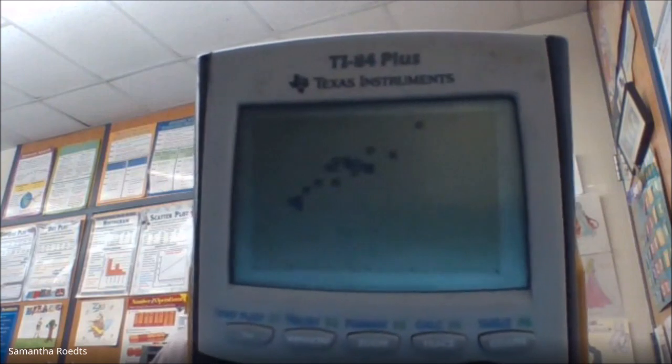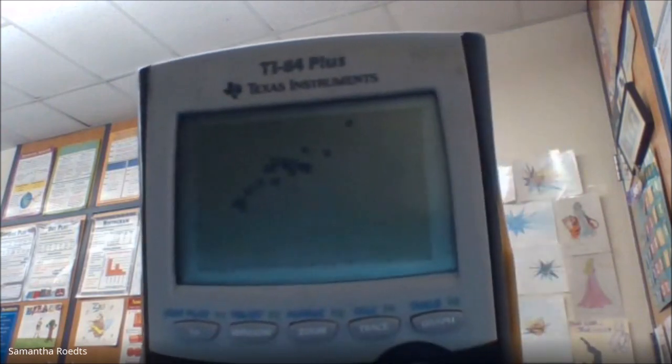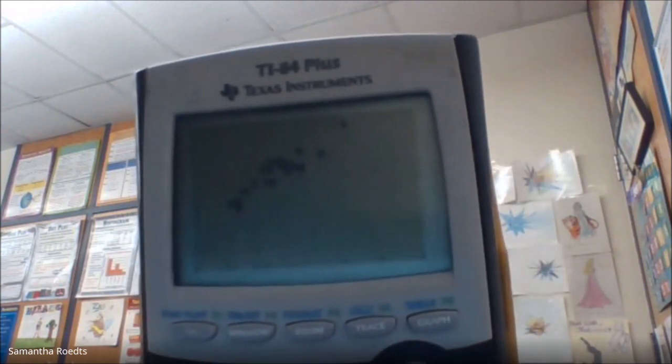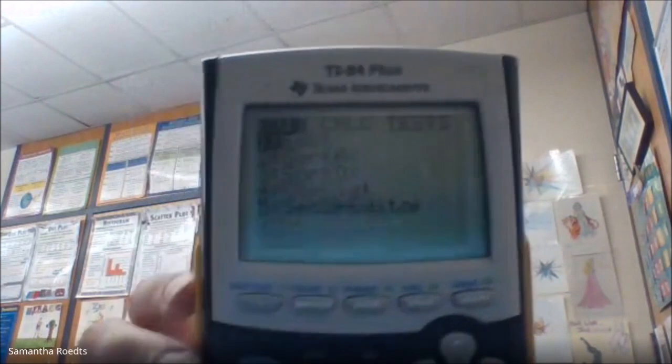Now, you can do this by hand, or you can use this calculator. Okay, so you're basically going to have a line of best fit. It's called a regression line. So if I go to stat, so again, I hit my stat button. This comes up again.